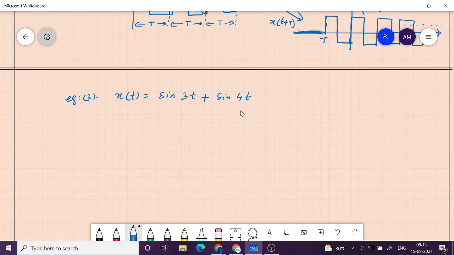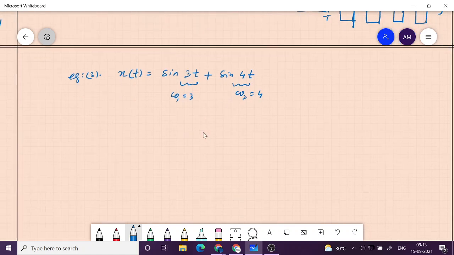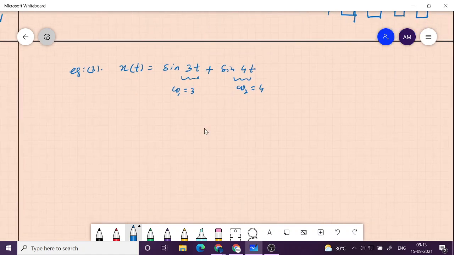So this is a continuous time signal. You see that my omega 1 is equal to 3, and omega 2 is equal to 4. This is a continuous time signal, and it is not a multiple of pi, so can it be a periodic signal? For a continuous time signal, this is not a restriction.